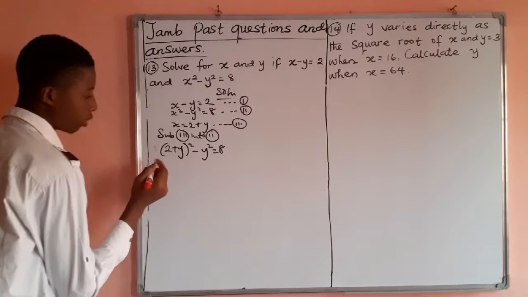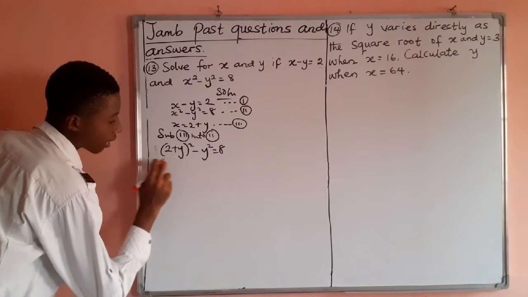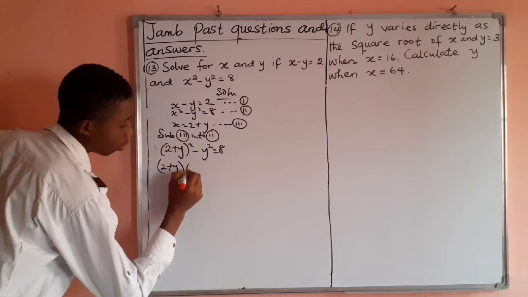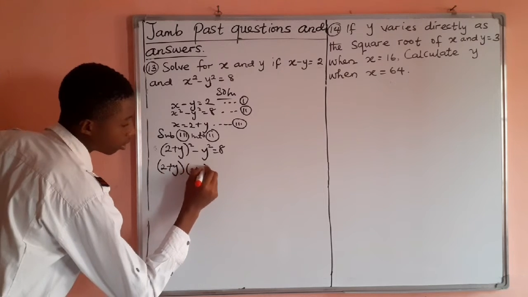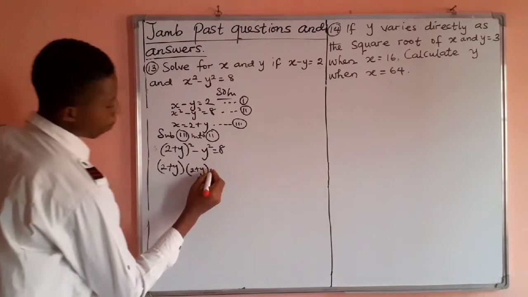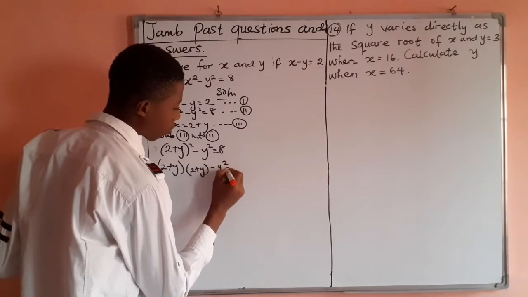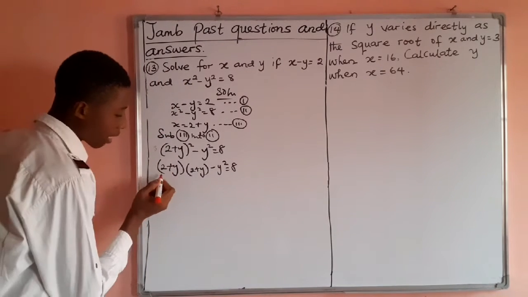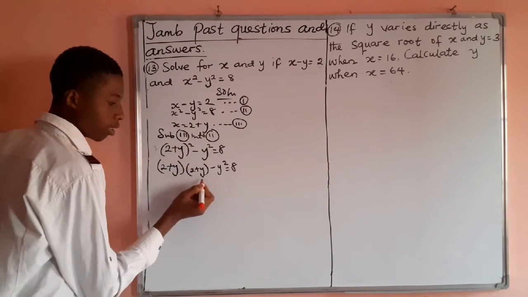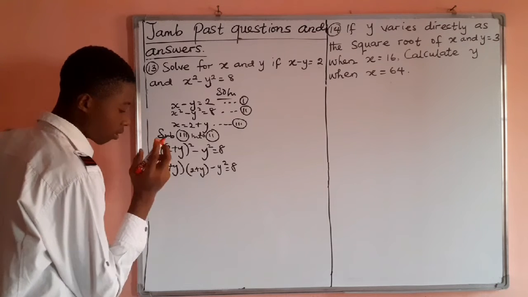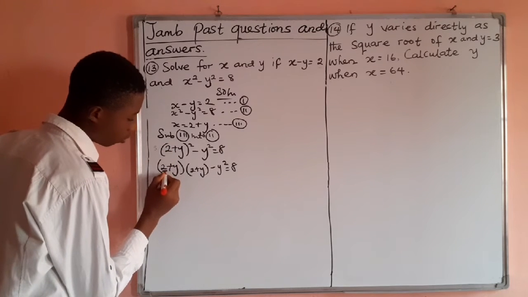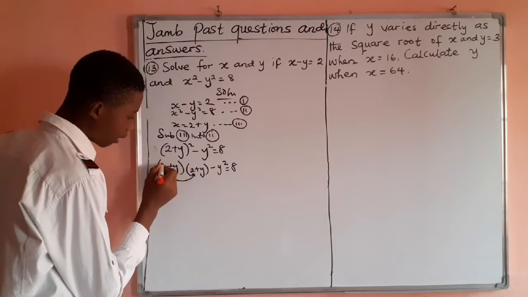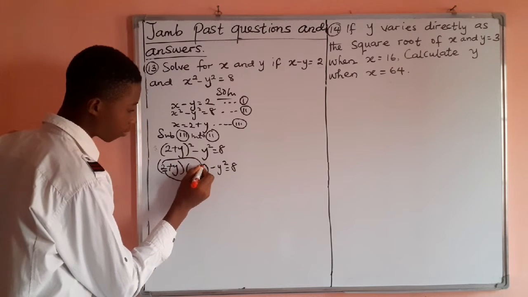Now, expand the bracket: 2 plus y, close bracket, open another bracket, 2 plus y, since we have a square, minus y squared equals 8. We multiply whatever is inside this bracket by whatever is inside the other bracket. We multiply the 2 by the first 2 and again by y.